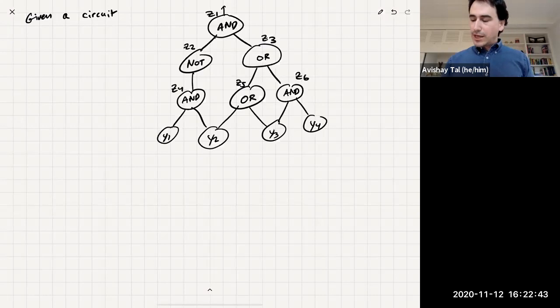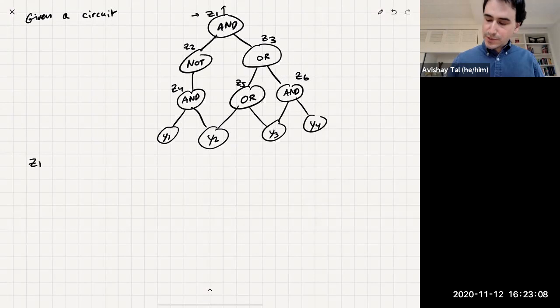And now I want to ask, does there exist a sequence of Y's and Z's such that the Y and Z are consistent with one another, meaning that the gates really compute what they should compute. This gate outputs 1, and that's it. So that's what I want to encode.